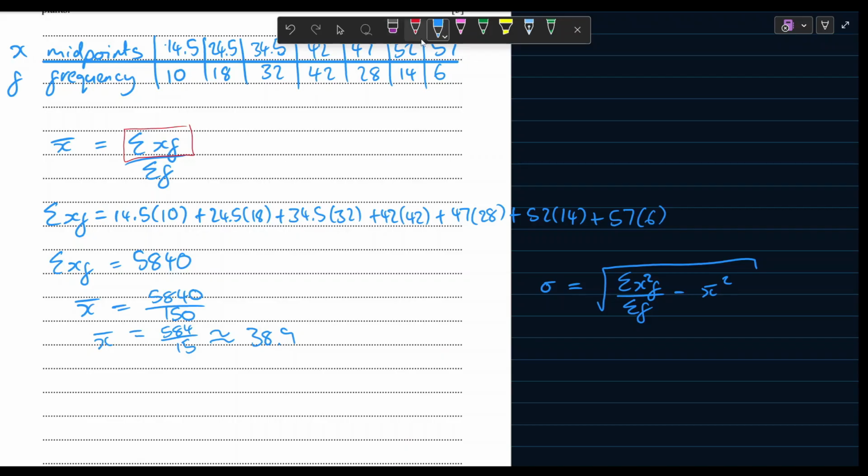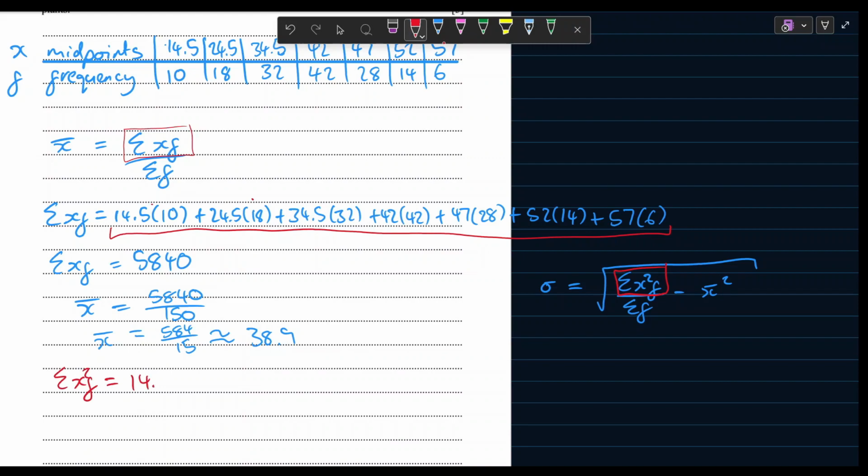All right. So we need to find our summation of x squared f. So the summation of x squared f is essentially this long expression, except now you're going to go ahead and square all your x values. I'm just going to rewrite it here. This is x squared f.